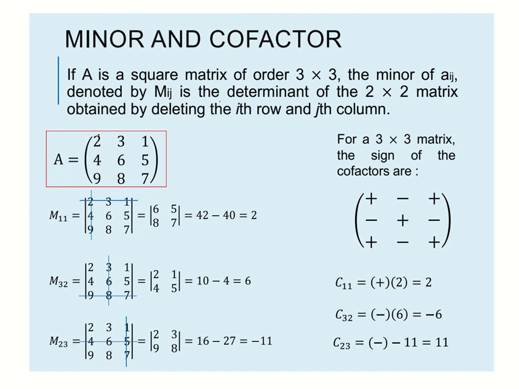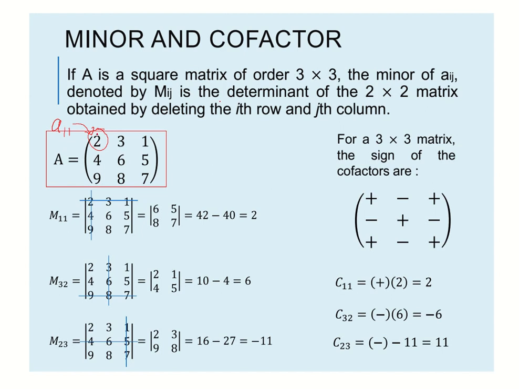To find the minor for this element, we call it A11. It means this is the element in the first row, first column. This is how we denote the symbol.